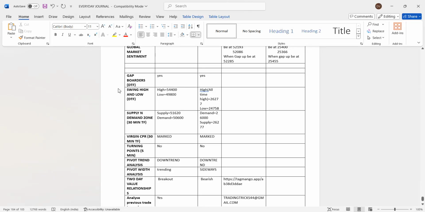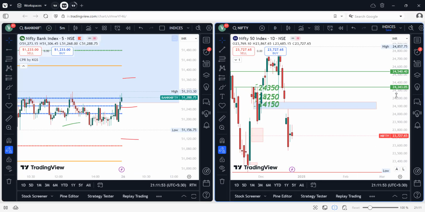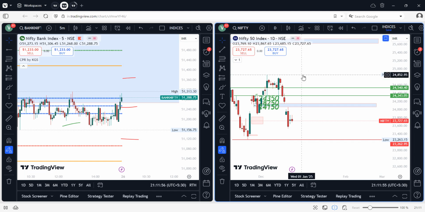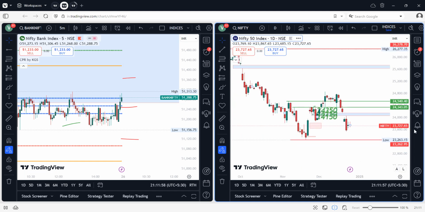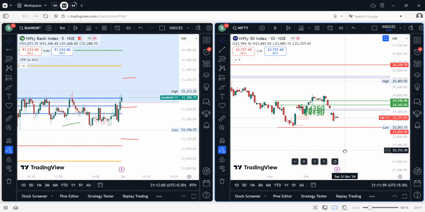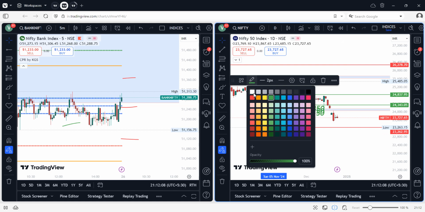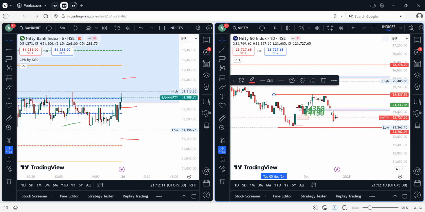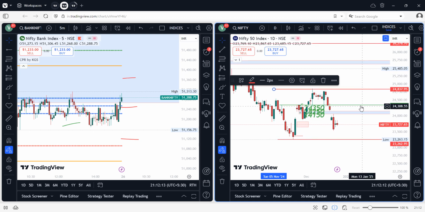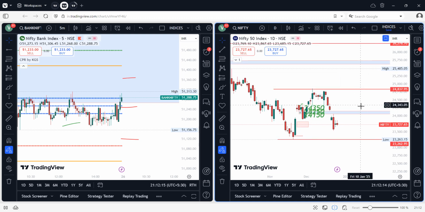Now what next? The swing highs and swing lows. With the prior knowledge, could you tell me what is the swing high and what is the swing low? For the recent one, this is going to be a swing high. I'm going to change this to red color because this is the swing high, and I'm going to delete this.